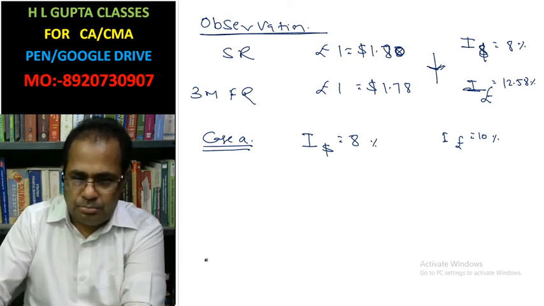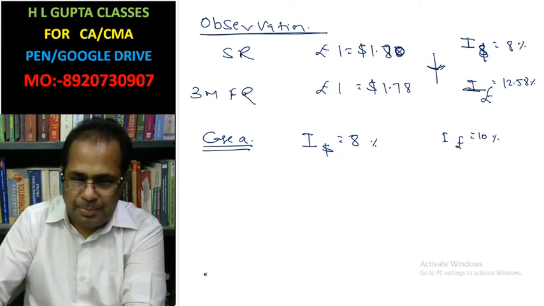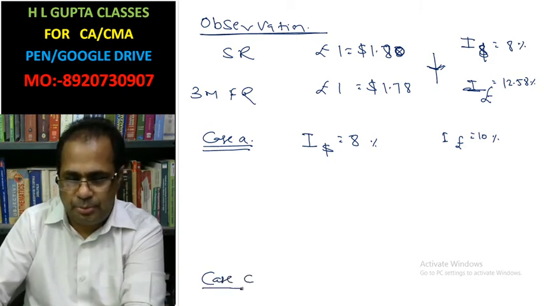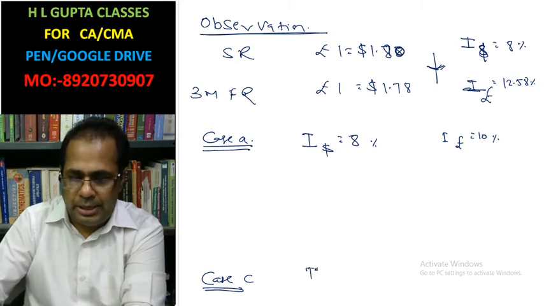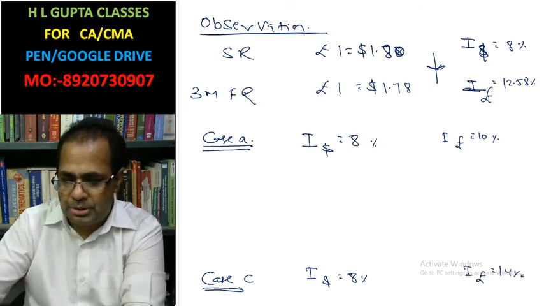This is part A. This is part B. Case C, I am going to make you understand. Interest rate of dollar 8%, interest rate of pound equal to 14%.